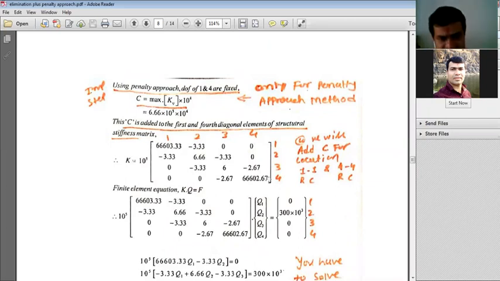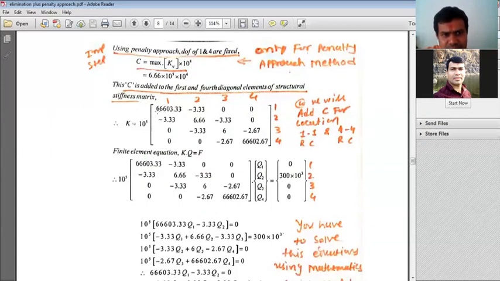K11 already has a value, where you have to add this C. So you will get 60603.33 at first row, first column, and 66602.67 at fourth row, fourth column. Right? And all other things remain the same as the previous global stiffness matrix.